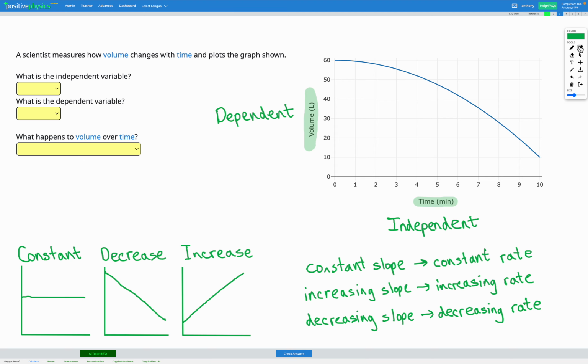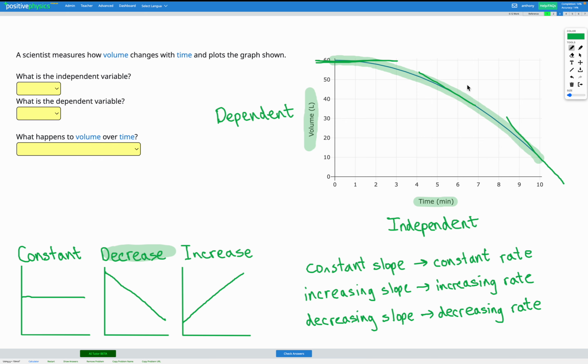In this question, our graph is going downwards and it's curved. So we can tell that it's definitely decreasing. And for the slope, it starts out fairly flat here, and it's getting steeper and steeper as we go.